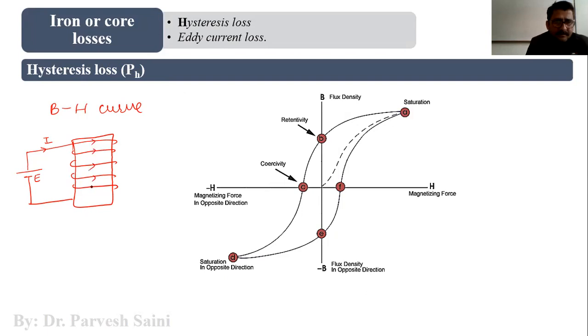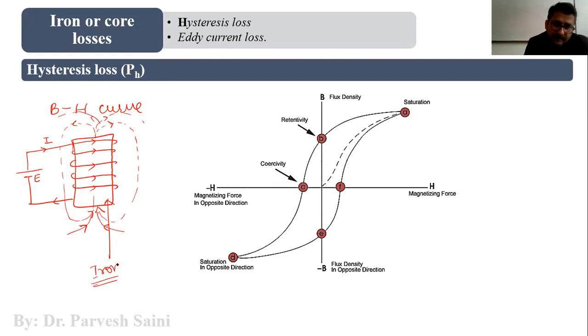Now the flux will start flowing from this end and enter into this end. This is how the flux will be flowing.